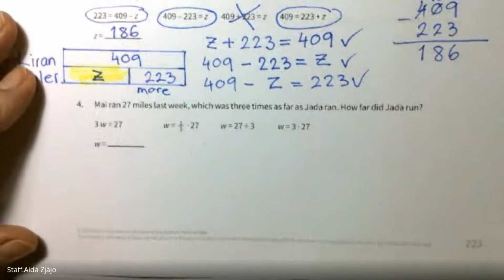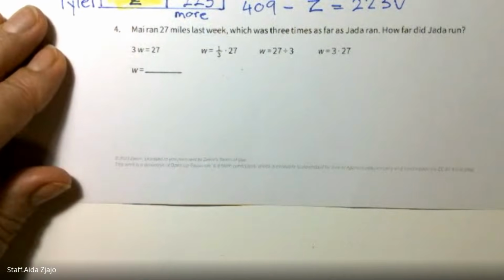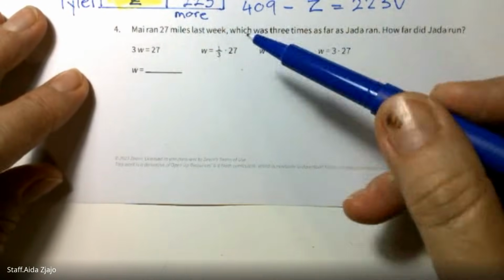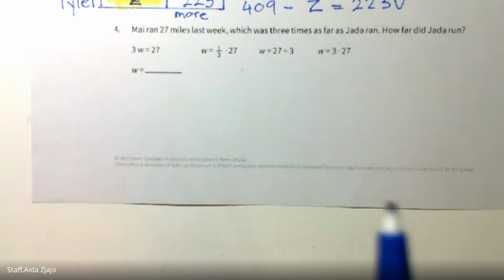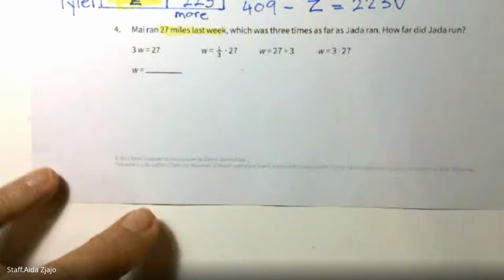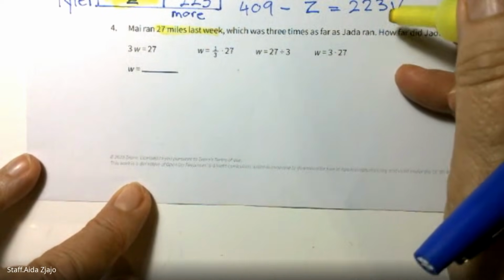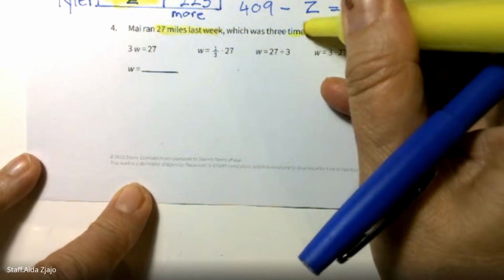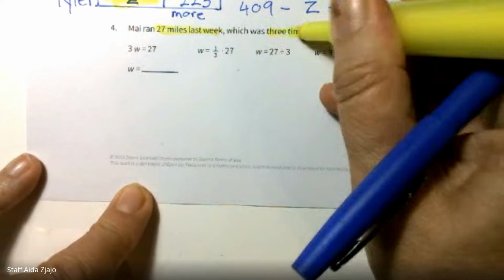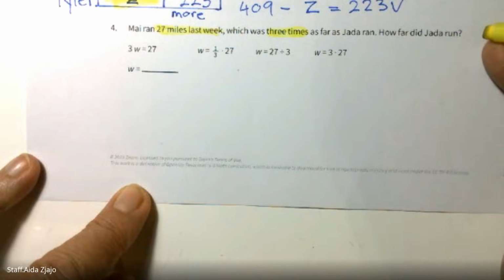Okay, next one is Maya ran 27 miles last week, which was 3 times as far as Jada ran. How far did Jada run?